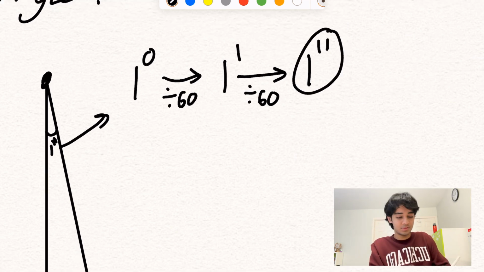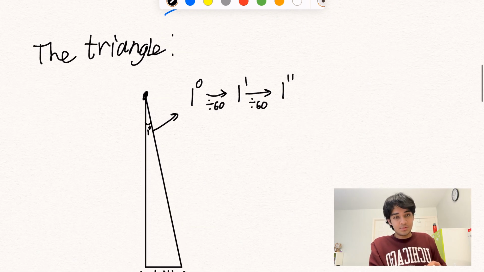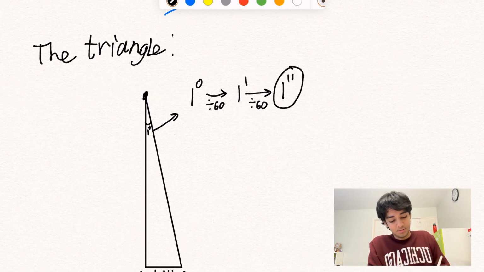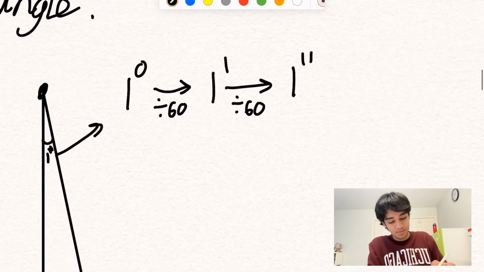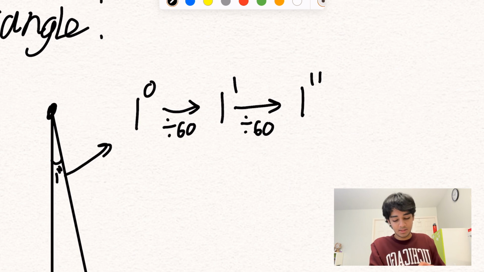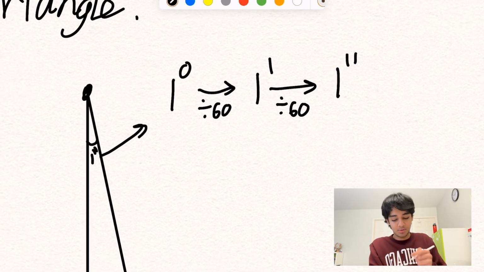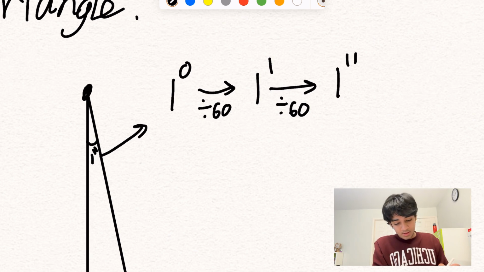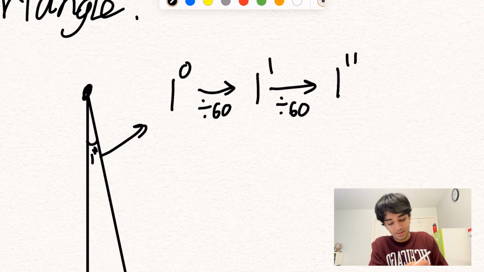We use arcseconds in astrophysics very commonly because angles in space can get very small, and it doesn't always make sense to use a bunch of decimal places with degrees.